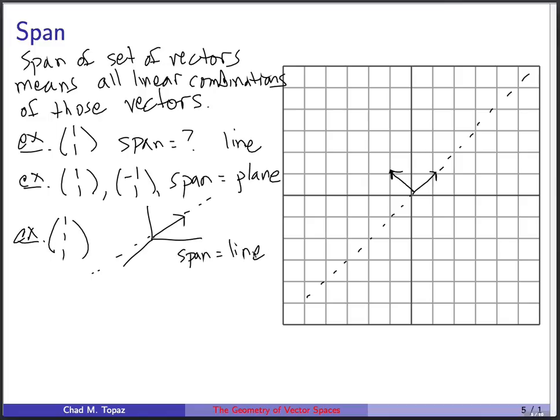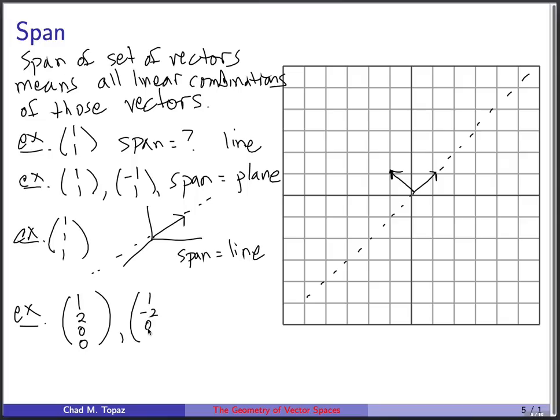Okay, we could talk about situations where there are even more than 3 elements. These are situations that you won't be able to visualize in your head. But we could talk about (1, 2, 0, 0) and (1, -2, 0, 0). And we could ask, what's the span?